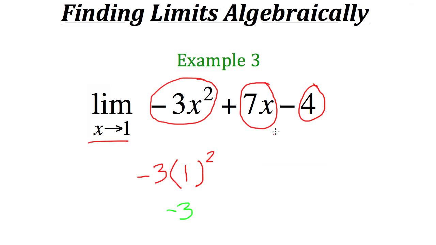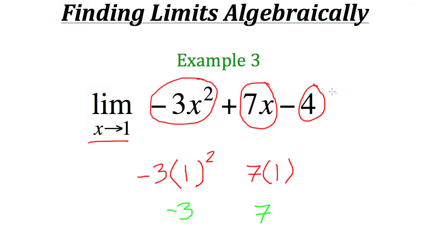Now let's find the limit of the second term. This time, we need to find the limit of 7x as x approaches 1. All we need to do is plug in that x value we're approaching, which is 1. And when we do 7 times 1, we'll get a value of 7.